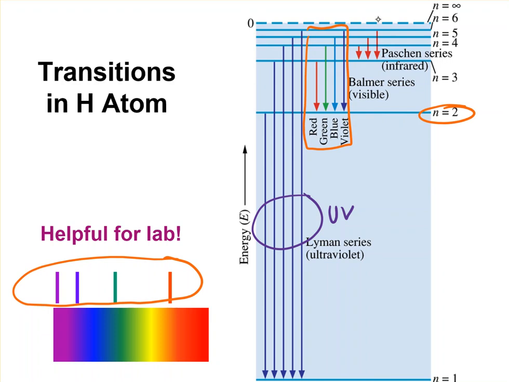And then these up here, the ones that end at n equals 3, fall in the IR range. So for lab, yours will fall in IR, visible, VIS, or UV. And you'll see that when you look at the wavelengths.